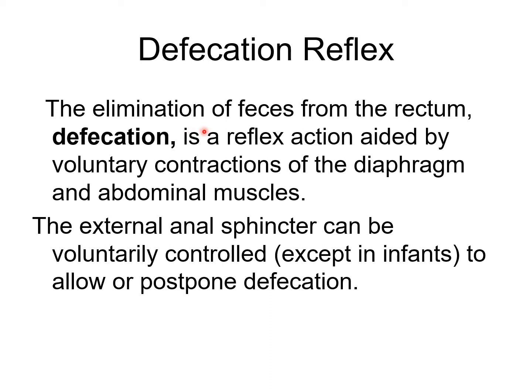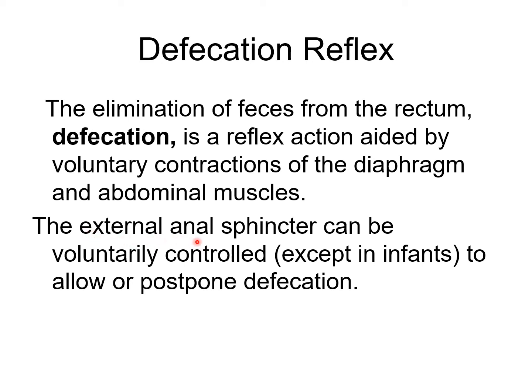The nerve impulses are coordinated in the sacral aspect of our spinal cord, and from that control center, nerve impulses are sent to the diaphragm, abdominal muscles, and also to the opening of the internal anal sphincter.